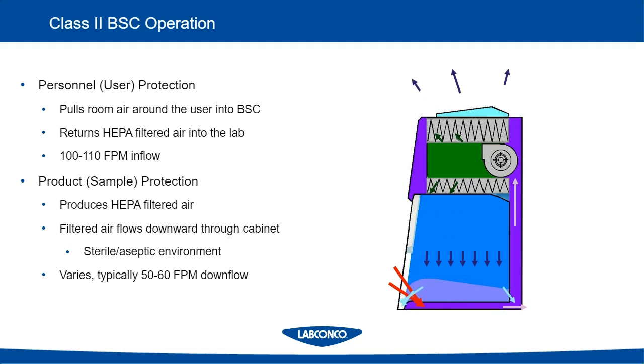Both the exhaust airflow and the supply airflow are HEPA filtered. This HEPA filtered air in most cabinets returns to the room. The inflow air is around 100 to 110 feet per minute, and product protection is provided by the supply downflow air. Downflow velocities tend to vary by manufacturer, but usually range somewhere between 50 and 60 feet per minute.